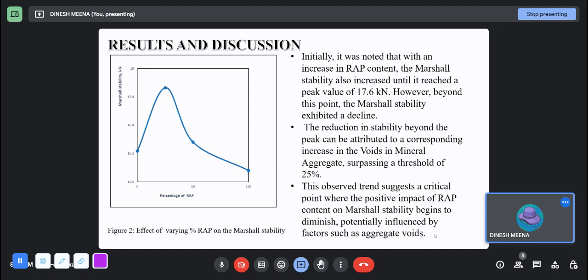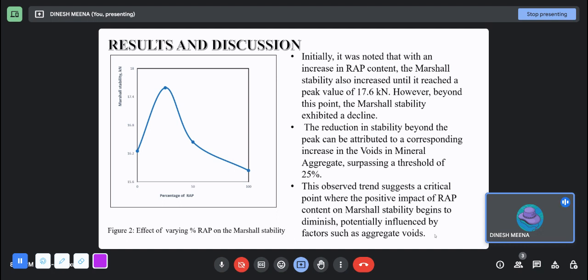Results and discussion, in which the graph shows that initially it was noted that with an increase in RAP content, the Marshall stability also increased until it reached a peak value of 17.6 kilonewton. However, beyond this point, the Marshall stability exhibited a decline.